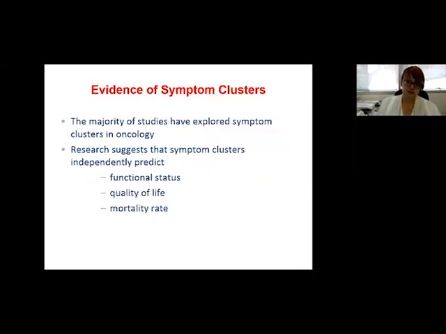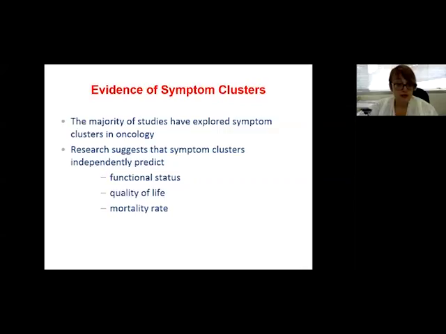So if a cluster of symptoms is well controlled, then there is evidence to say that the mortality rate is slower. So the time to death is longer, if you like. And that time is seen in people having a better quality of life and being more able to do things.